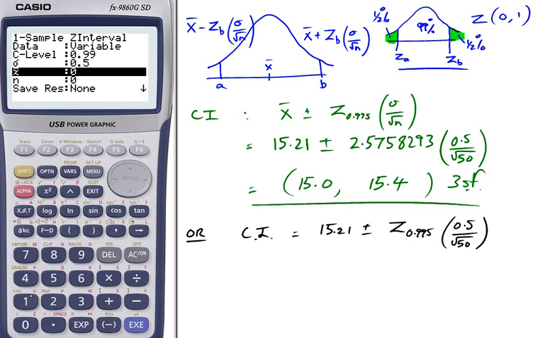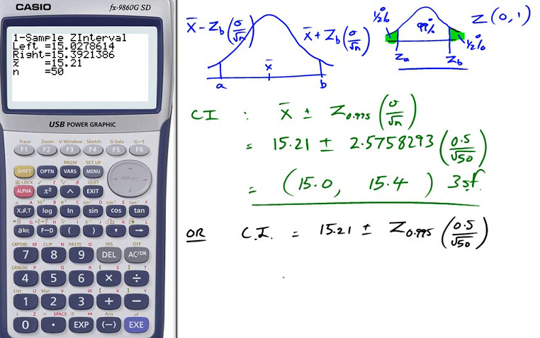Here you need the value for the mean, and then we need to give it the sample size so it can do all the calculations. Okay, and there we have it. It gives us a confidence interval which is 15.0 at the lower end and 15.4 at the upper end.